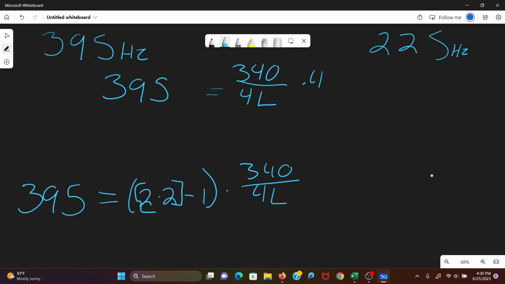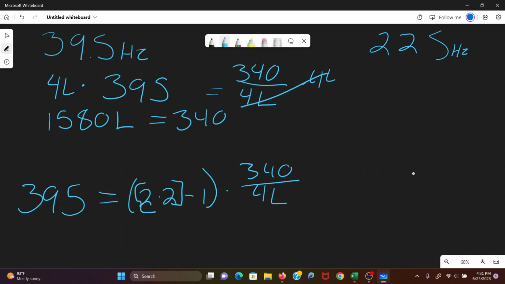So 4L over here, boom, they're going to cross out, and then you're going to have 4L times 395. We can simplify 4L times 395 by just multiplying 395 by 4, which is 1580. So we're going to say 1580L equals 340.